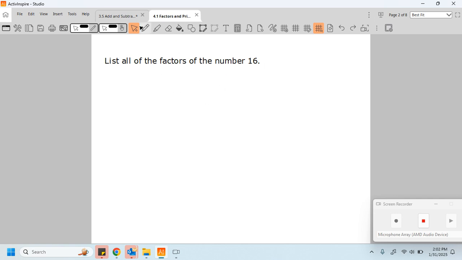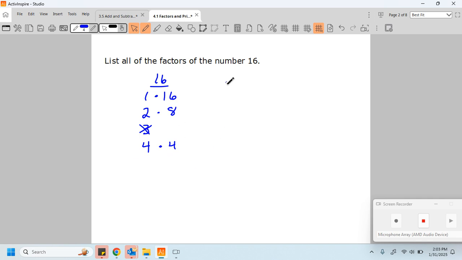So we write 16. We know that 1 times 16 is 16, 2 times 8 is 16, 3 doesn't go into 16, 4 times 4 is 16, and you notice that the 4s repeat, so we know that there isn't anything higher than that, because the next one up would be 8.